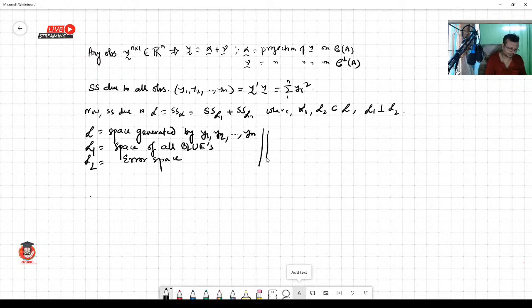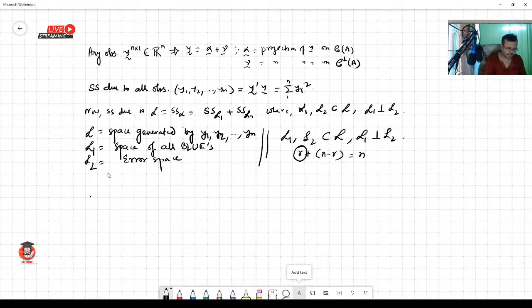Script L1 and script L2 are subsets of script L, and script L1 is orthogonal to script L2. So R, which is the rank of L1, is the degrees of freedom of L1, and n minus R is the degrees of freedom of L2. This gives n.